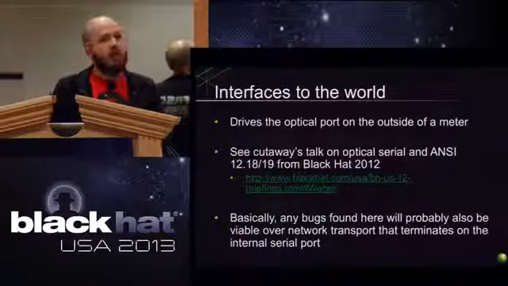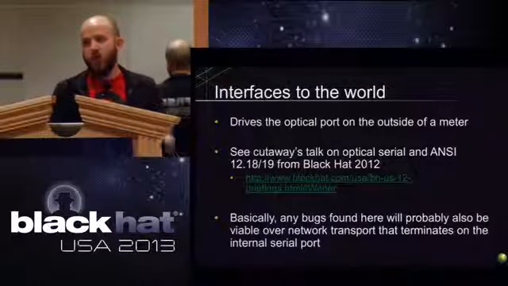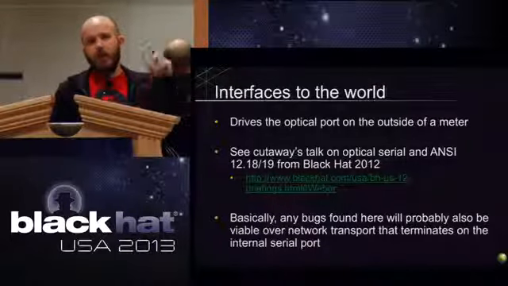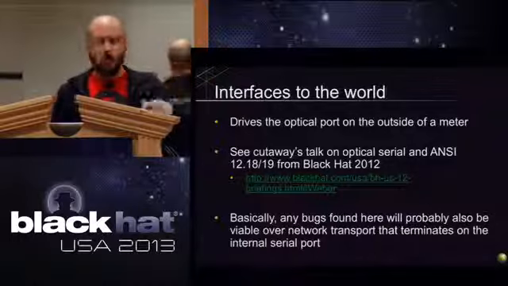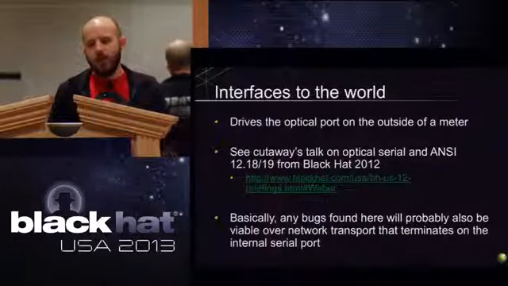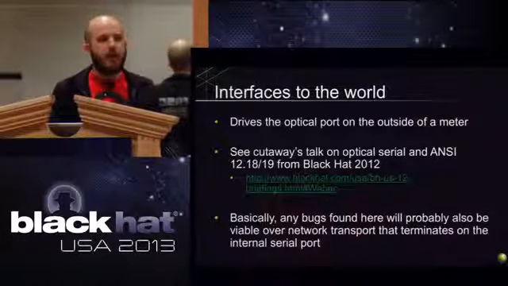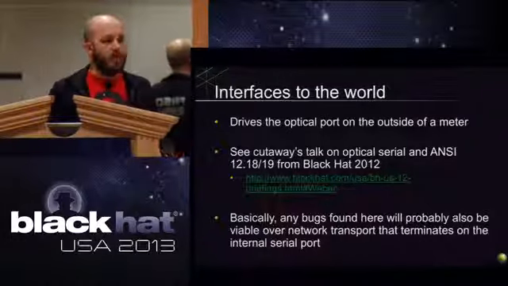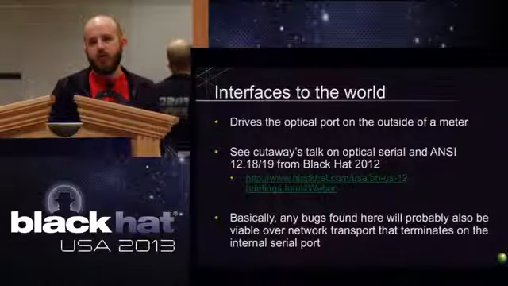They're using either the same or a very similar ANSI standard on both ports. So whatever you're able to find on the outside via Cutaway's tool, if you happen to play with that, something very similar would likely also be triggerable over the network side.